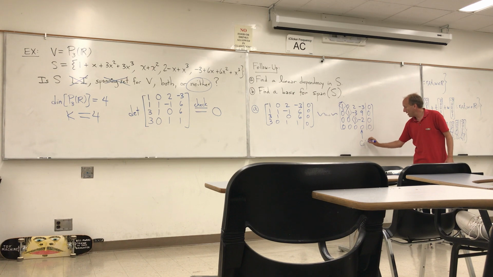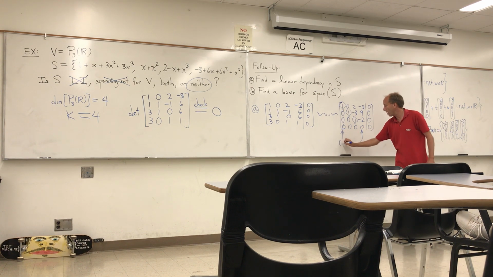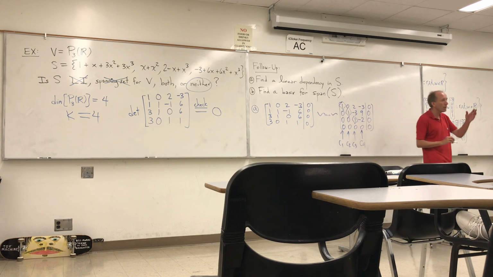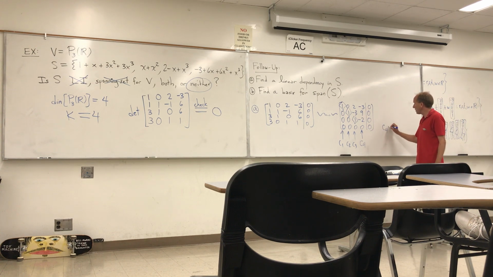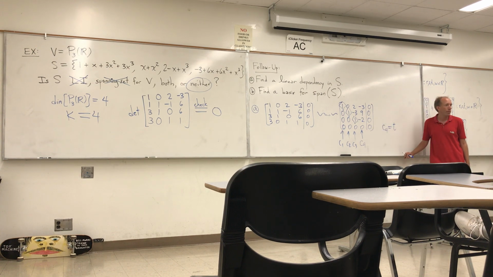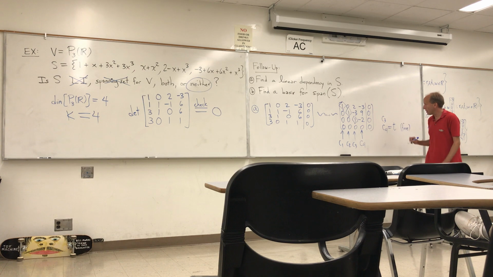That last variable is usually called C4. Remember, we have constants here that are associated with these columns. We associate these constants with these columns. Okay. And so the point is that C4 is free. I'm just going to call it T. If I now do back substitution, I can start to figure out what C3 is.